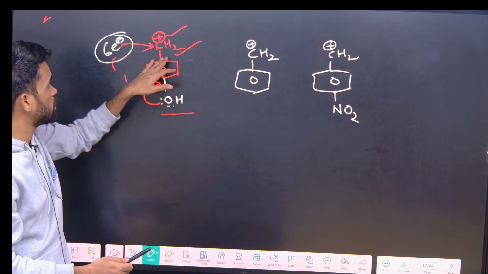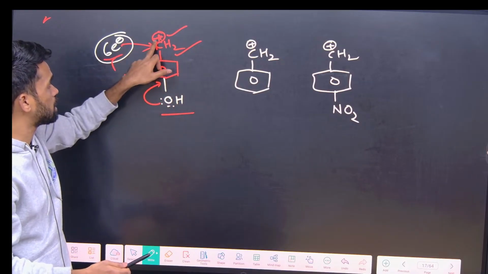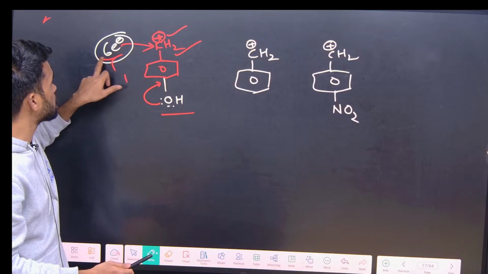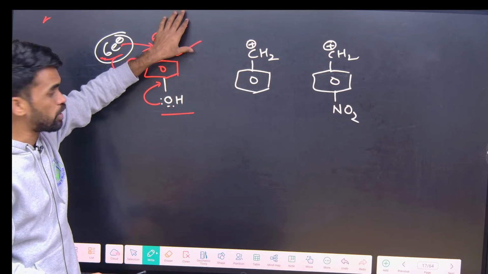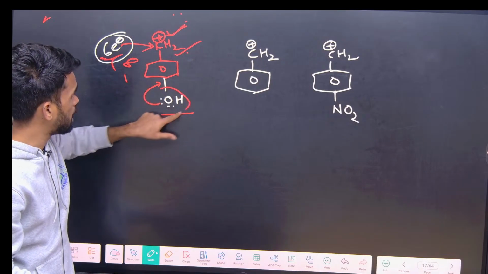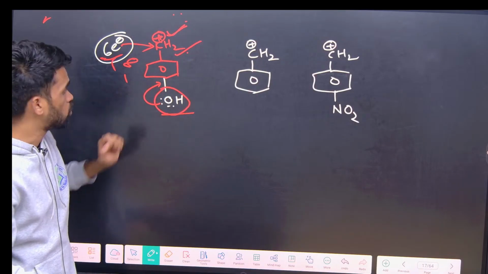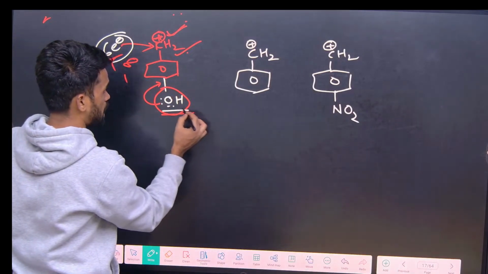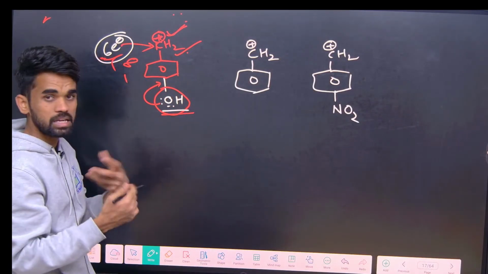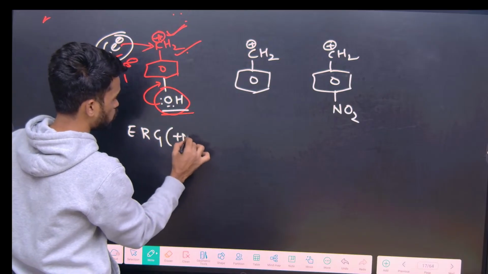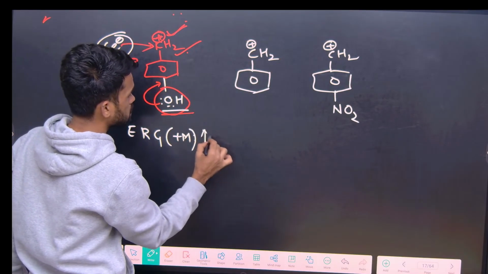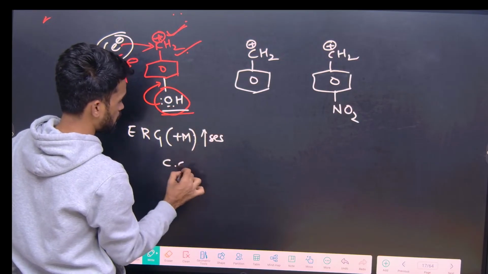It requires electrons. If it requires electrons, there must be an electron releasing group attached. So if an electron releasing group is attached, carbocation stability increases. So electron releasing groups or plus M groups will increase carbocation stability.